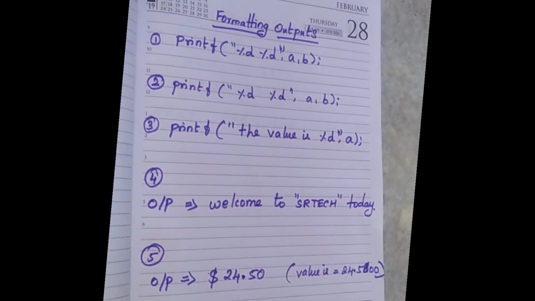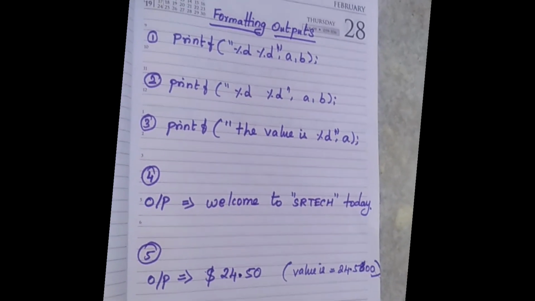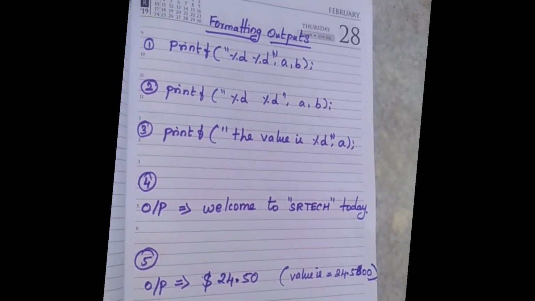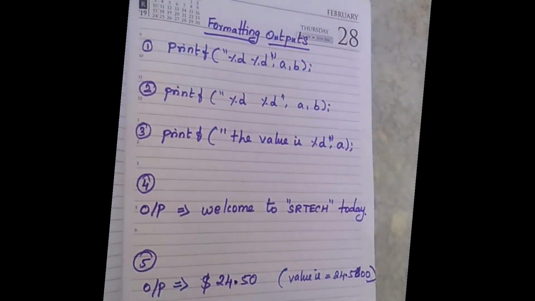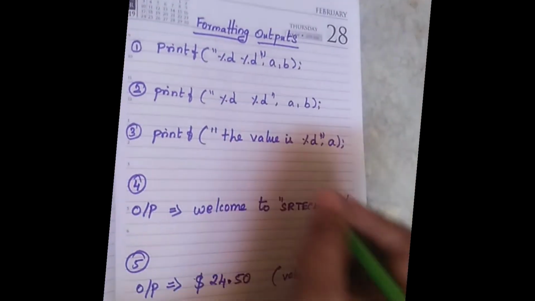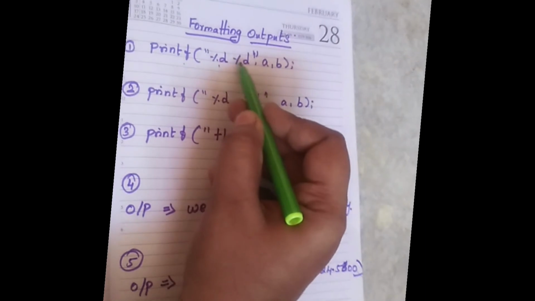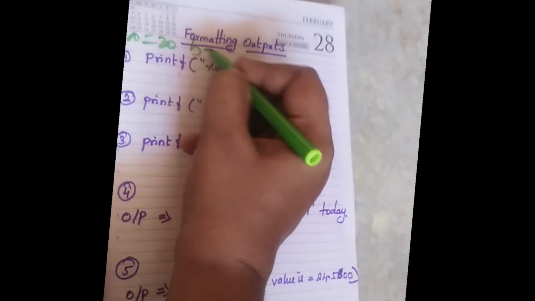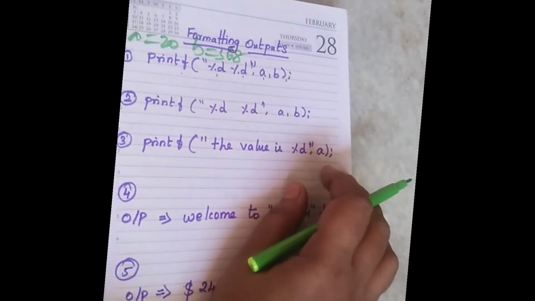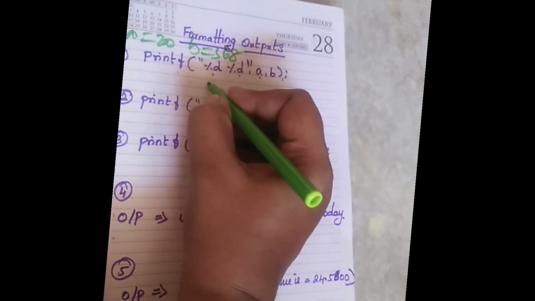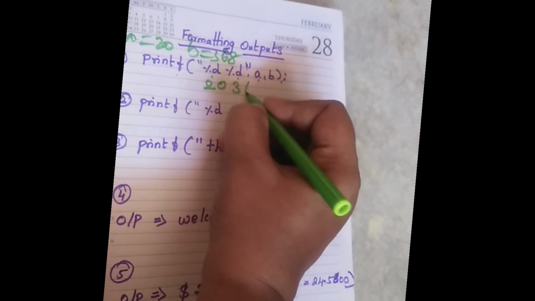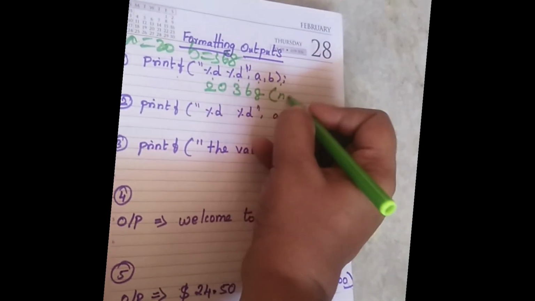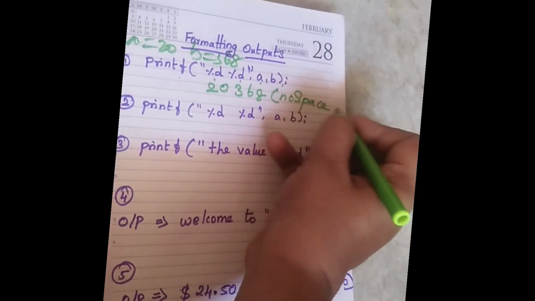Okay, let me consider printf statements. The printf statement will print whatever you give on the output screen. First, let me consider this example of formatting input on output: printf("%d %d", a, b). In case a value is 20 and b value is 368, what will be the output? 20368 without a space, no space between the data.